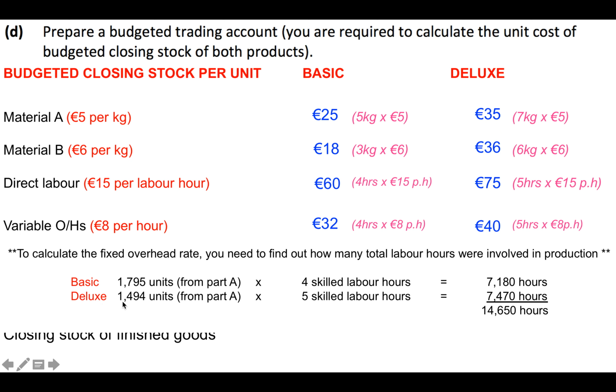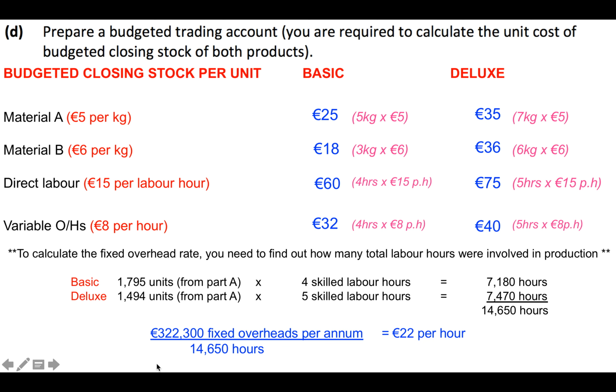In deluxe, we have 1,494 units multiplied by 5 skilled labour hours, that is 7,470 hours. In total, that is 14,650 hours. So my total fixed overheads is €322,300 divided by my total number of hours, 14,650, that is €22 per hour.